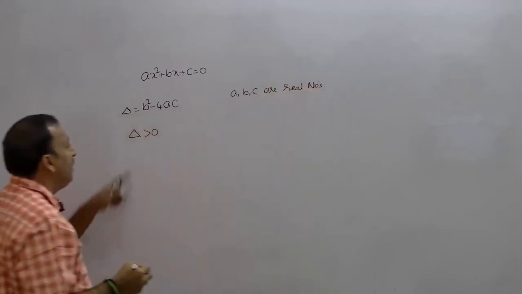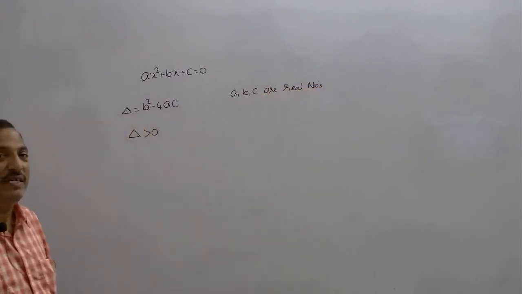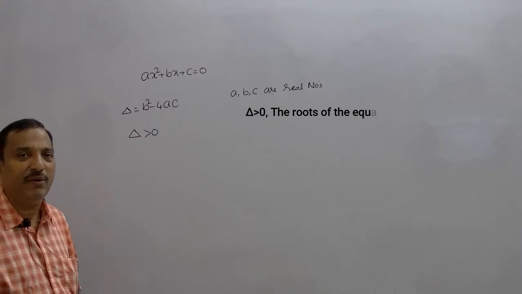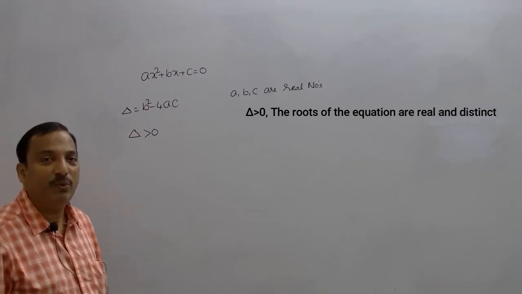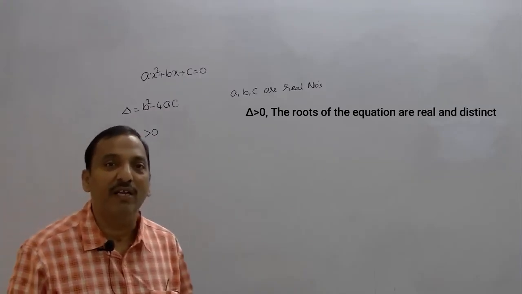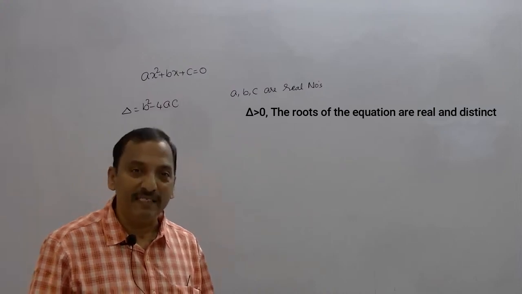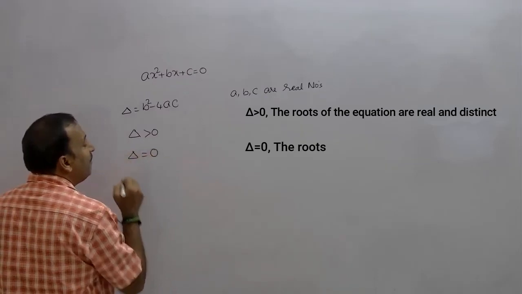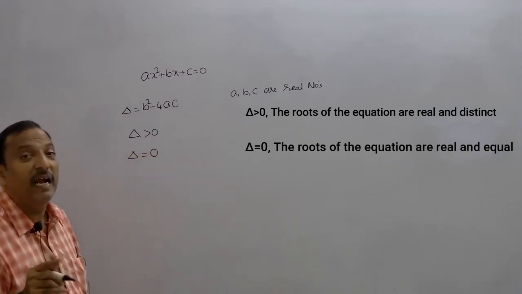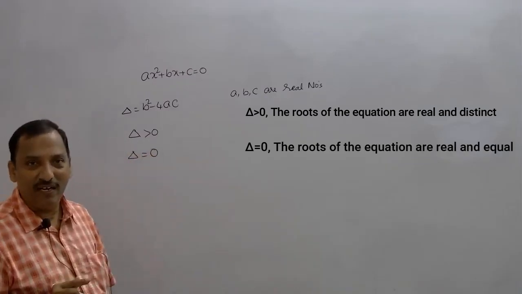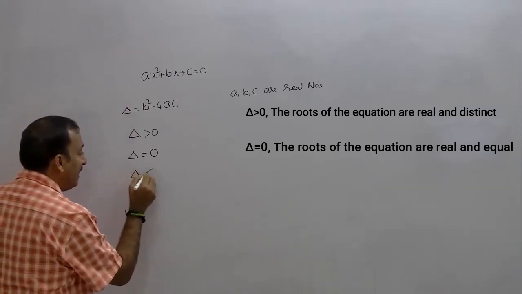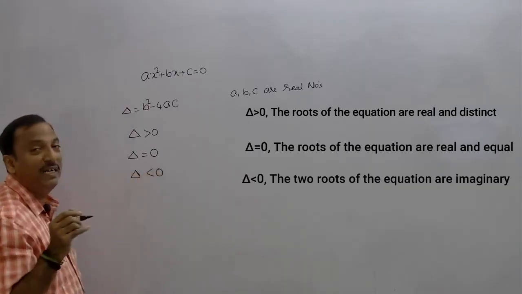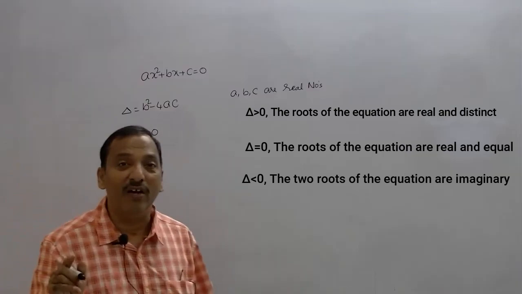Okay. So if delta is greater than 0, if the discriminant is greater than 0, then we say that the two roots of the quadratic equation are real and distinct. And if delta is equal to 0, the two roots are real and they are equal. And if delta is less than 0, then we say that the roots of the equation are imaginary.